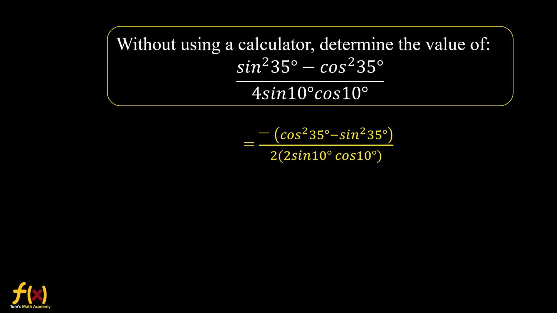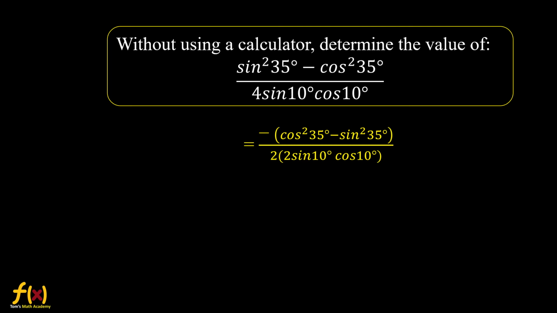We have to change it into cos square minus sin square. Now we put a minus sign outside the bracket and change it. And the denominator, it is not 2 sin alpha cos alpha. It is 4. So split it. You take 2 outside. So we get 2 sin 10 cos 10 in the bracket.